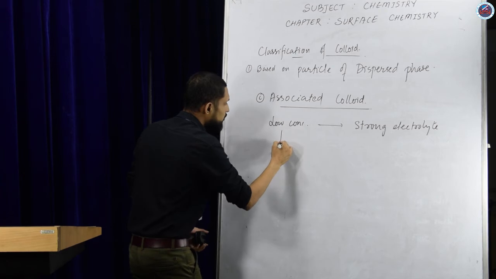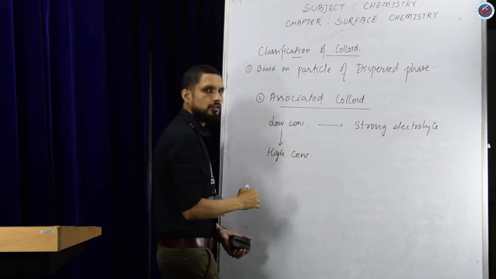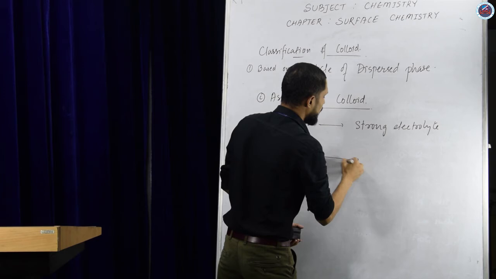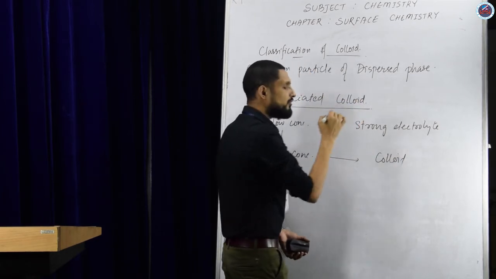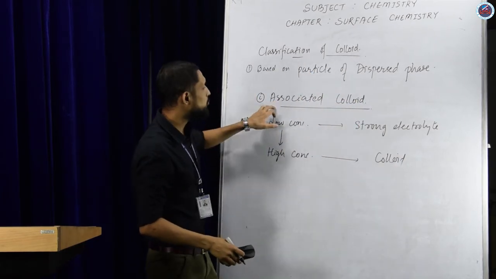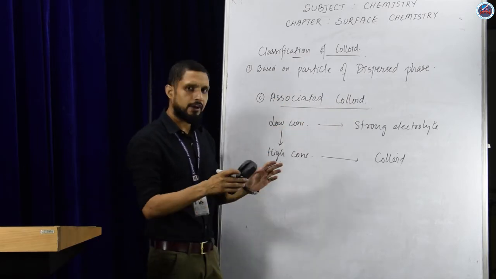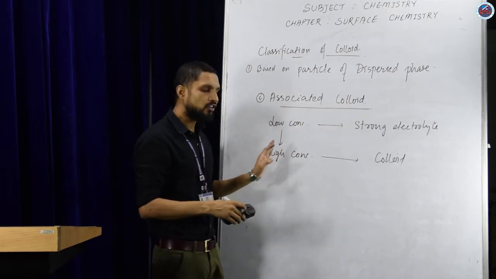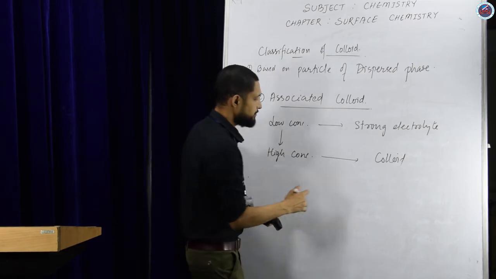But if we increase the concentration, that is at high concentration, it will form an aggregate and will act as colloid. So such a colloid is known as associated colloid. Now the aggregate which is formed on increasing the concentration is known as micelle.